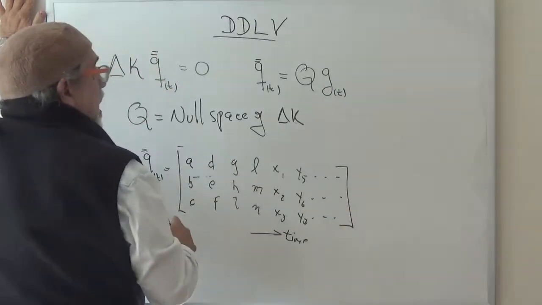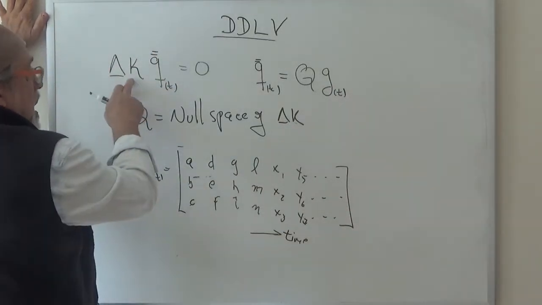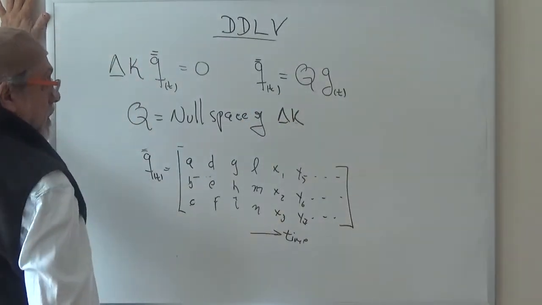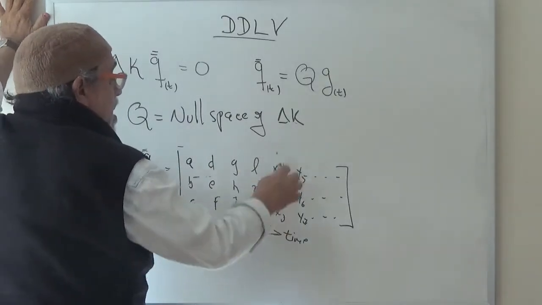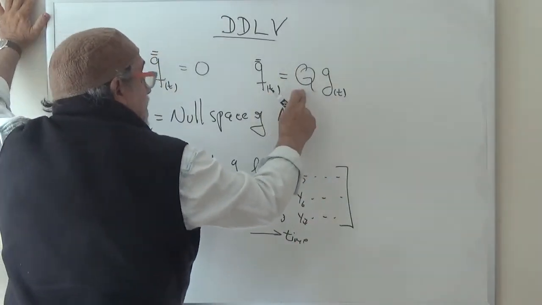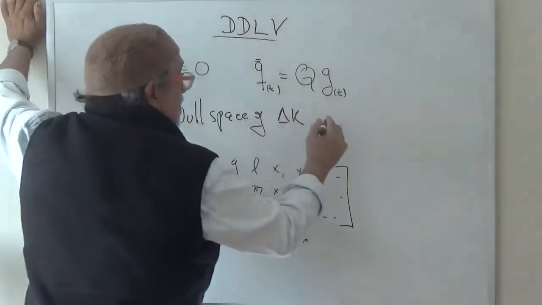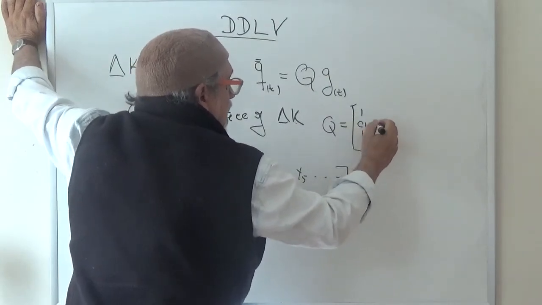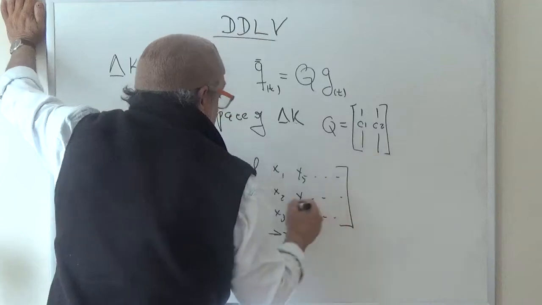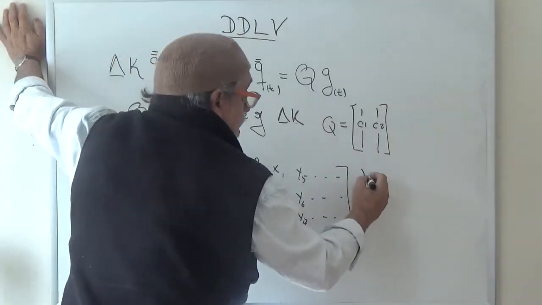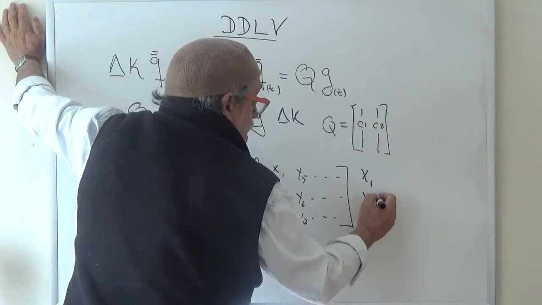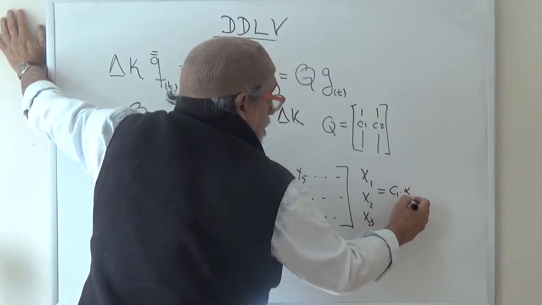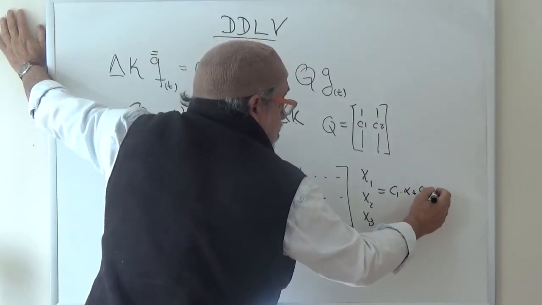Therefore, they are all in the null space of delta K, so they are all linear combinations of the columns of Q. Okay? So if Q here had two columns, let's say the column C1 and the column C2, then any one of these things, like x1, x2, and x3, is simply equal to column 1 times something plus column 2 times something else.